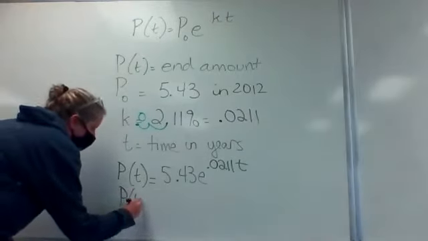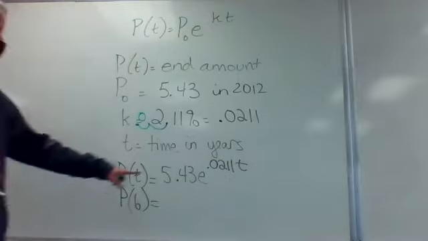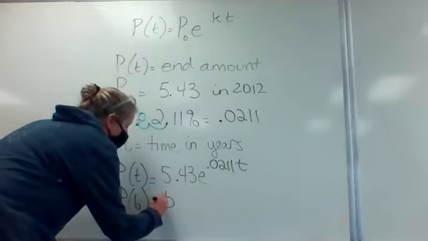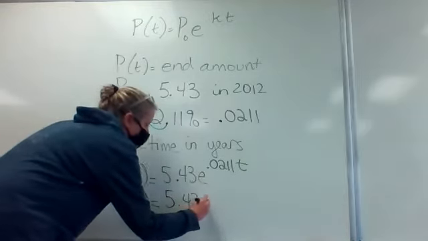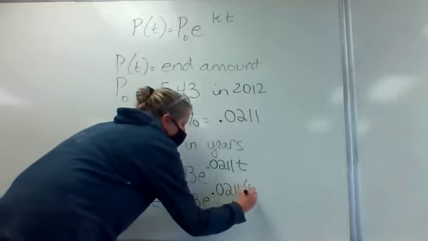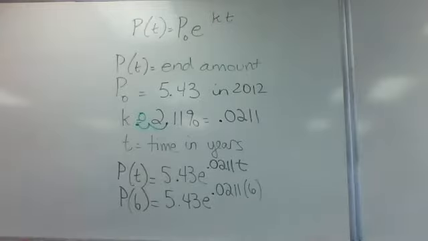So I'm finding P of 6, which means I'm just replacing the T, which is the years, because it's been 6 years. So I have 5.43 E to the 0.0211 times 6.